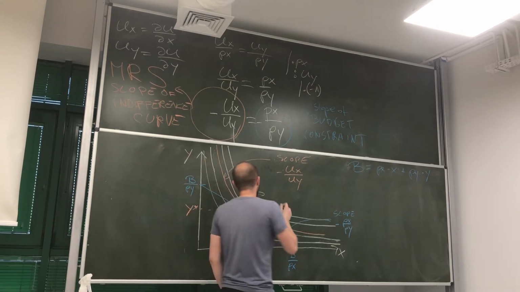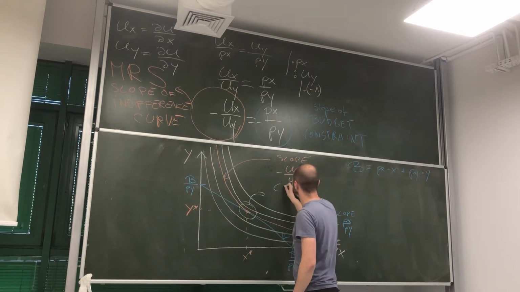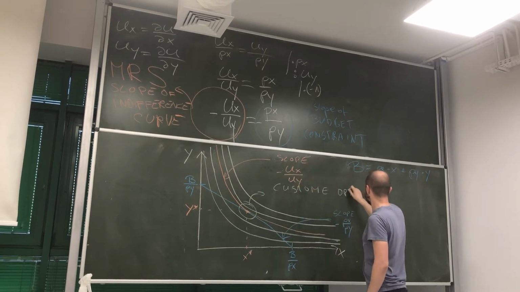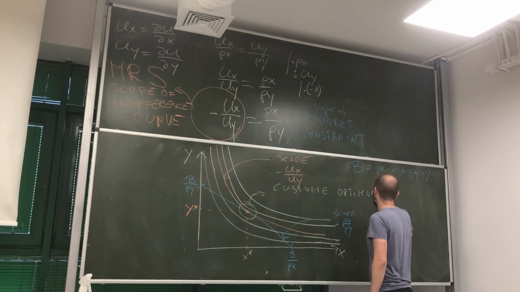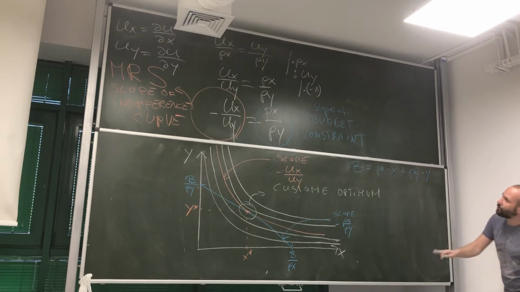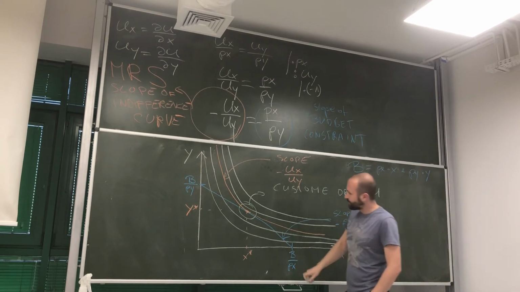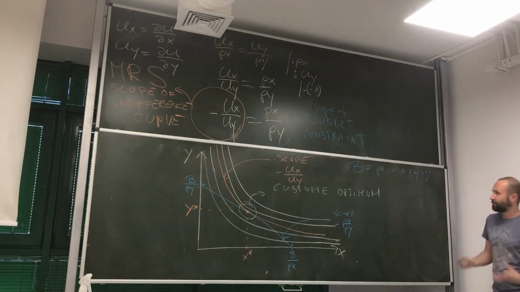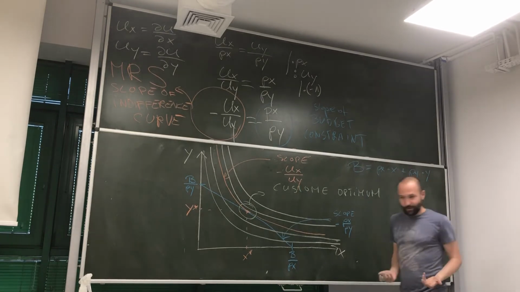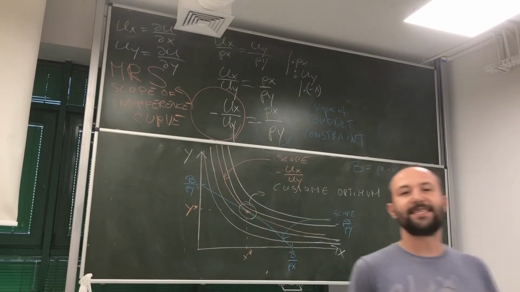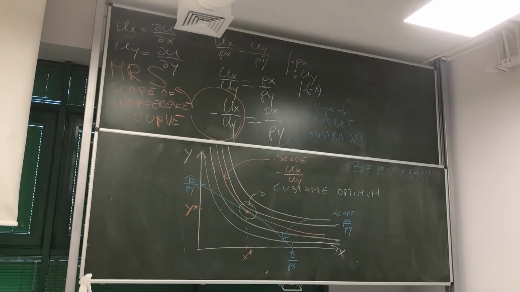So, what we want to establish is that this point is the customer optimum, which in this case requires that the points that we found using this condition are giving us a maximum. How are we going to do it? Of course, we need to use the second order condition.